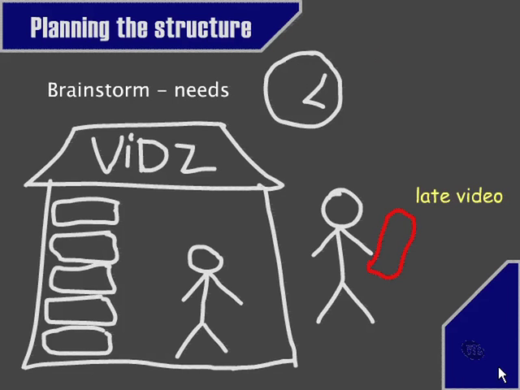There I've outlined the video in red to show that that's a separate issue as well, late videos, and the fine which has to be paid to the video shop when the customer has overdue videos.